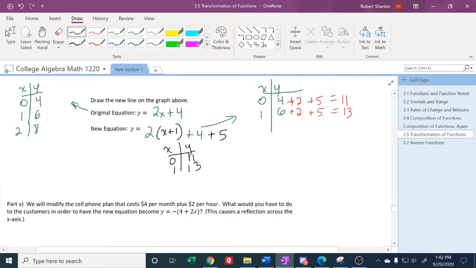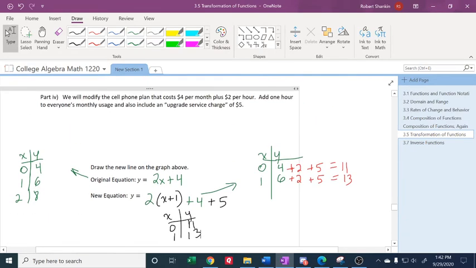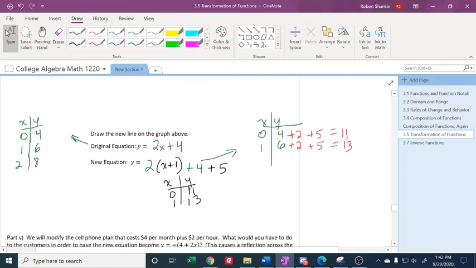So this winds up shifting our graph. The horizontal shift goes opposite direction of the sign, so it goes left 1 and up 5.